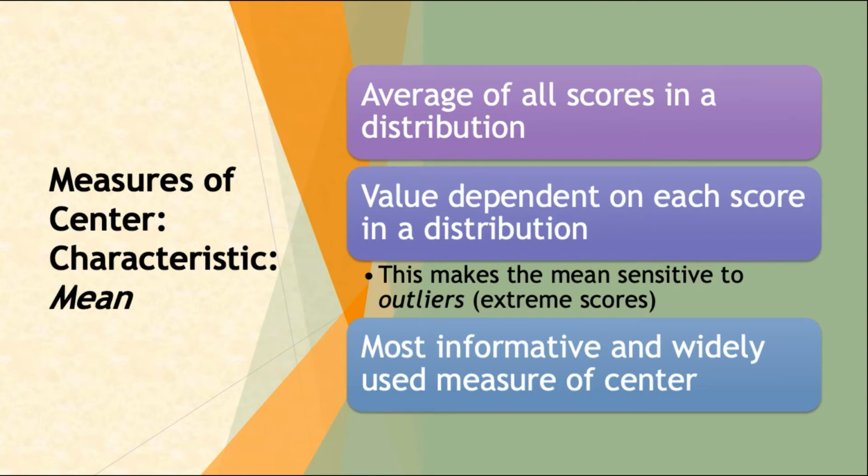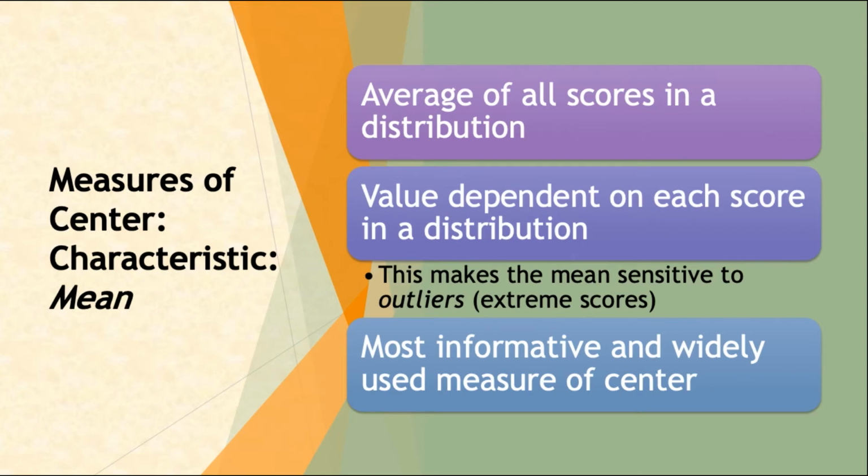So to obtain the mean, simply add together all the scores in the distribution and then divide by the total number of scores, which is n. The major advantage of the mean is that, unlike the mode and the median, its value is directly affected by the magnitude of each score in the distribution.